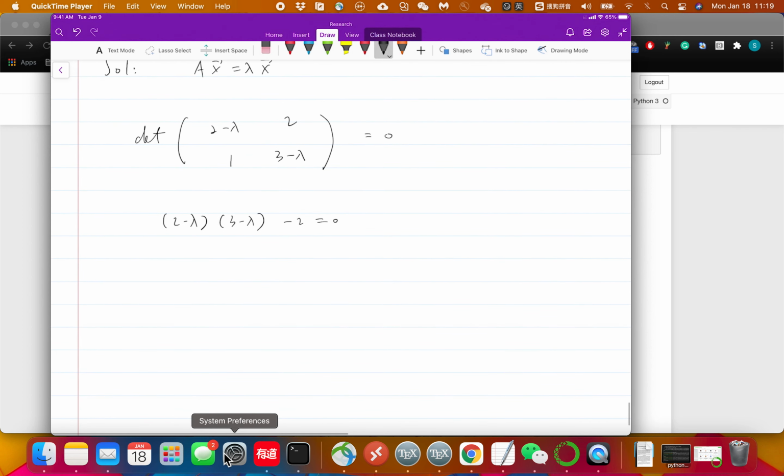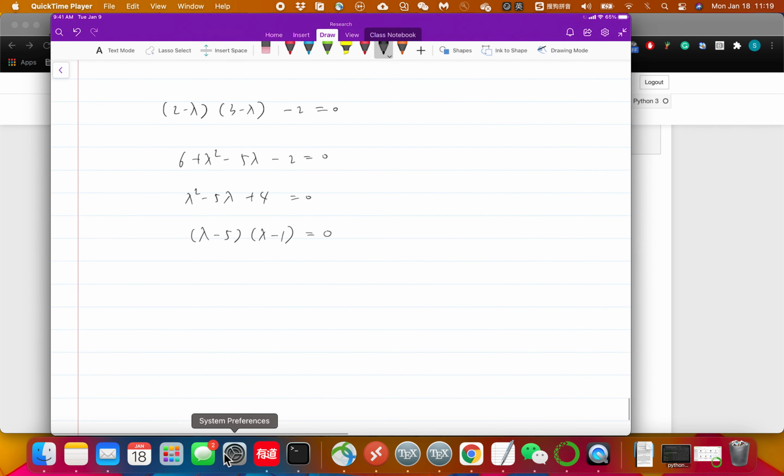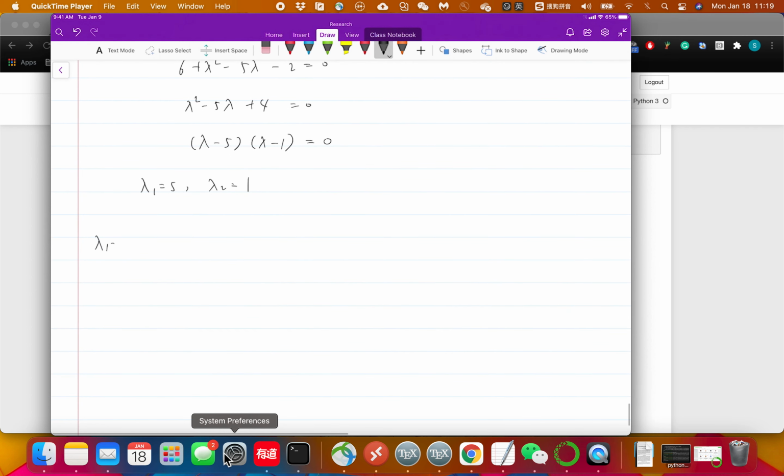The good news is you always have a polynomial. You have two distinct real eigenvalues, so automatically you know this is going to work. We are definitely going to have two straight line solutions.